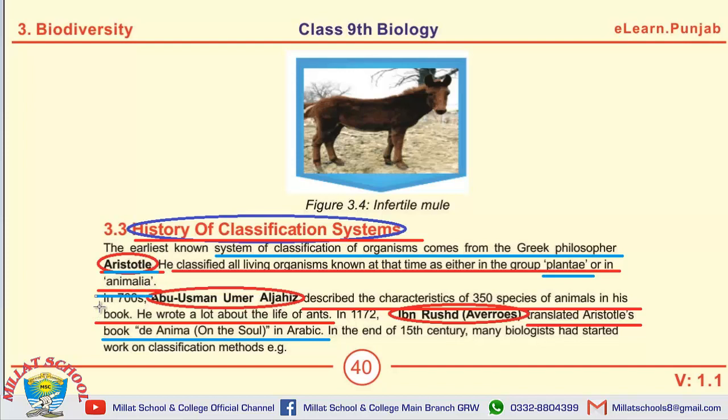Abu Usman worked in 700s. Ibn Rushd worked in 1172. Aristotle's book was De Anima, and at the end of the 15th century many biologists had started work on classification methods.